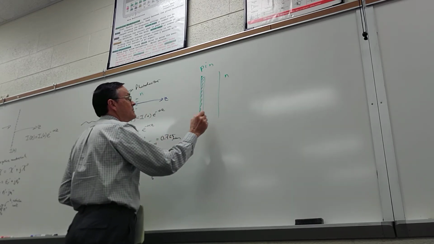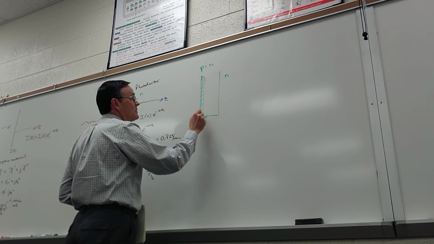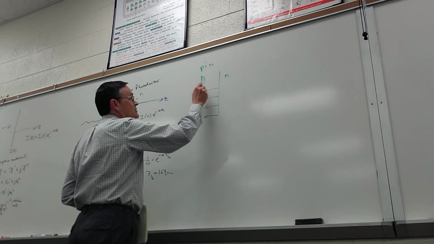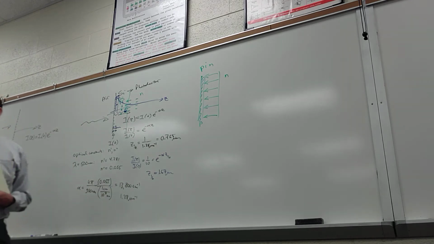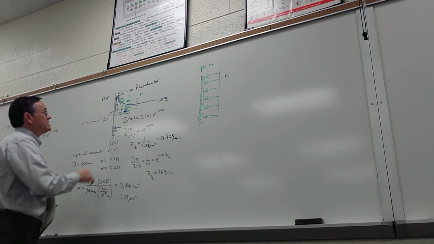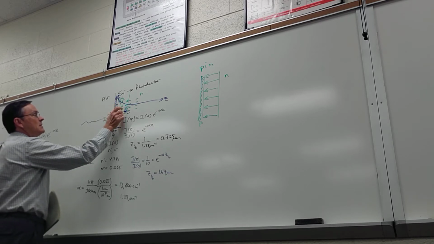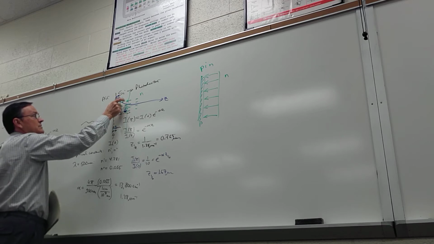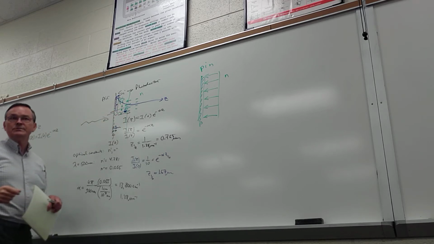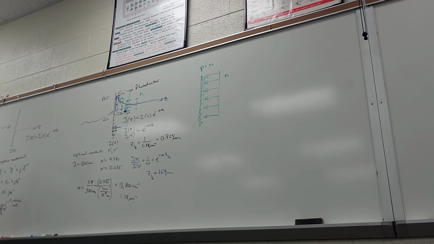Now your field extends over a much wider region, and that wider region is sensitive to absorption events. So if this is your PIN junction region, your depletion region, now all of those photons contribute to photogenerated current. It's much more efficient.